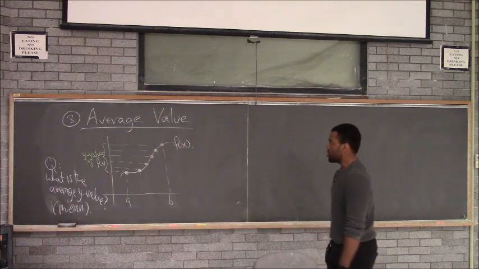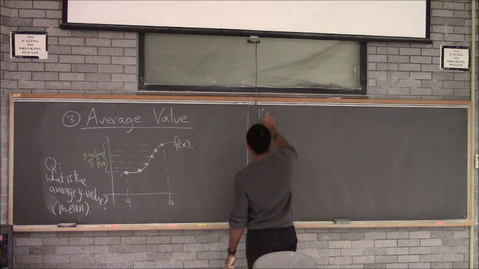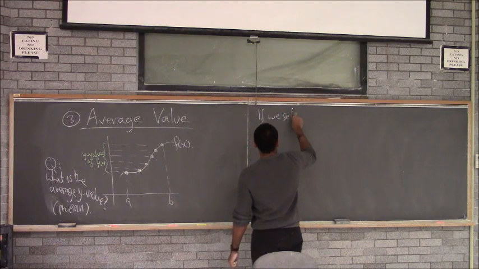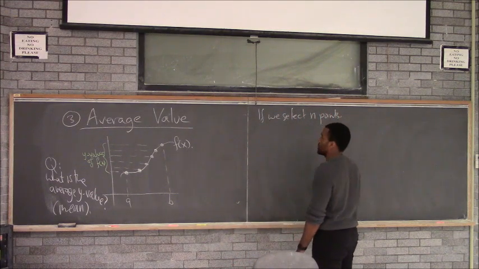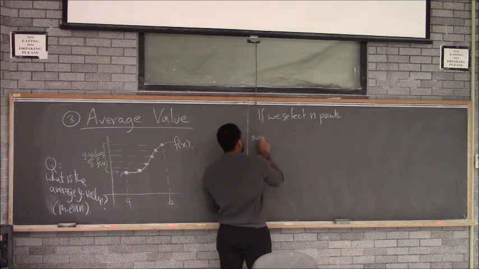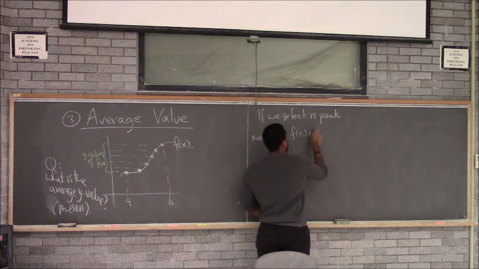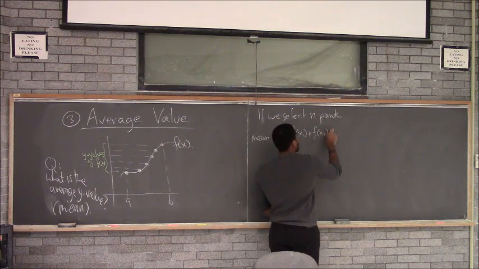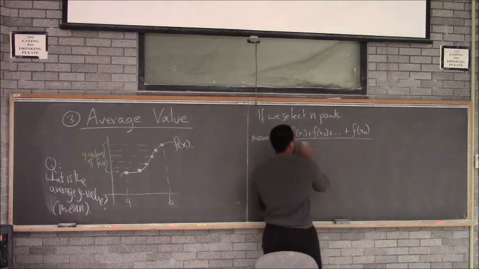So what you can realize here is if we select n points, then the mean is going to be, well, f of x1 plus f of x2 plus f of xn, all over n.